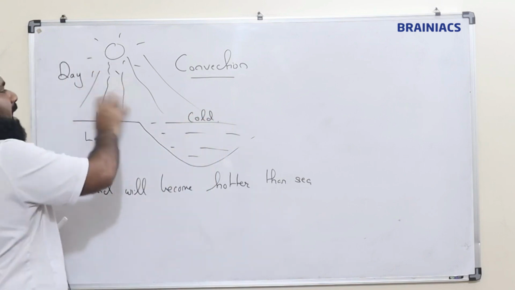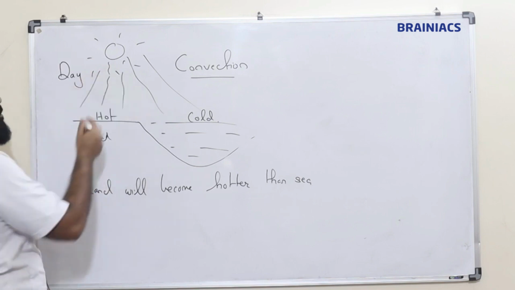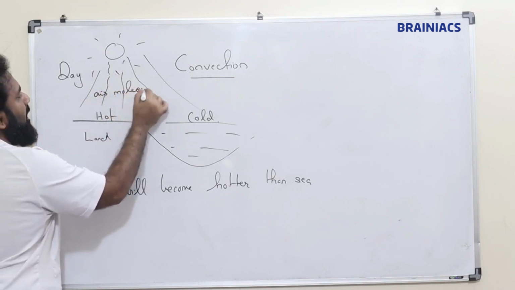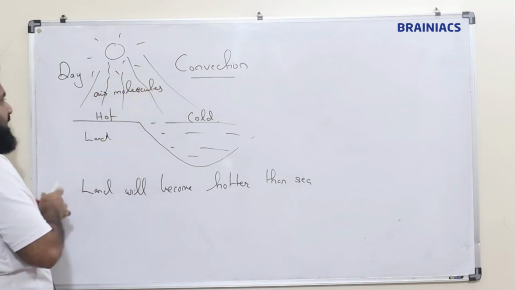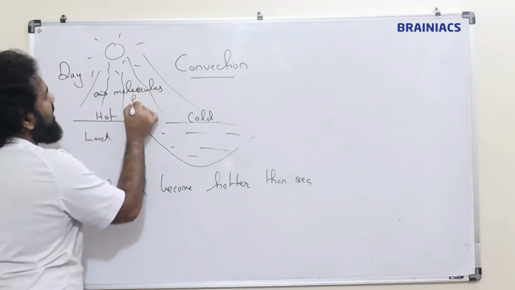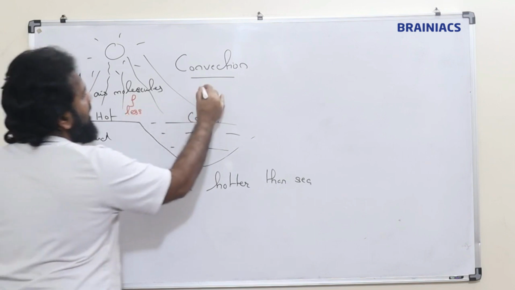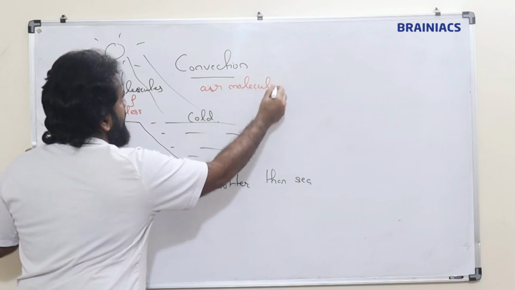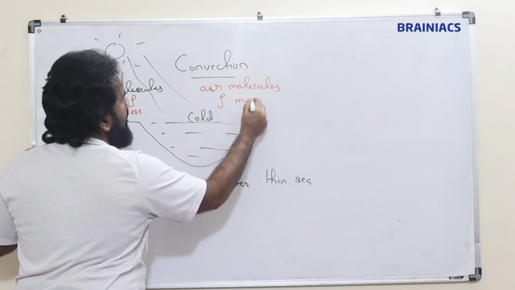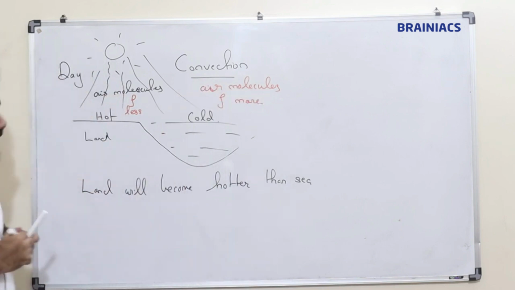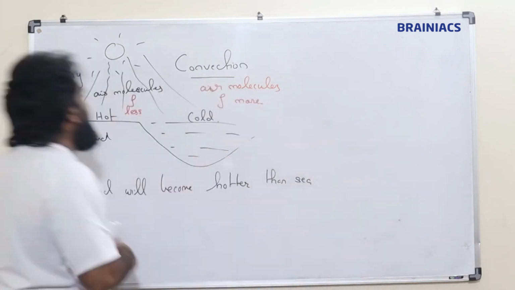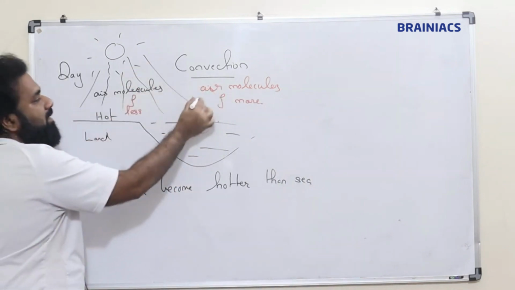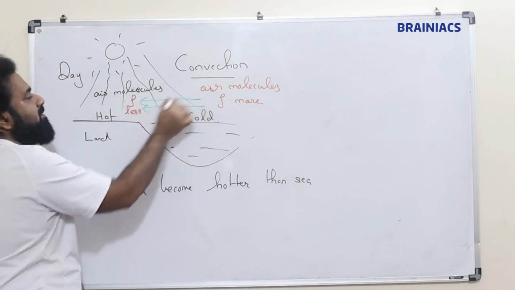What will happen to the air molecules? Here the density will be less. Here the air molecule density will be more. The air molecules will move from more dense area to less dense area. So the wind direction will be in this way.